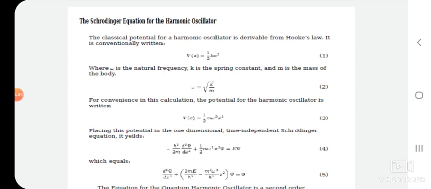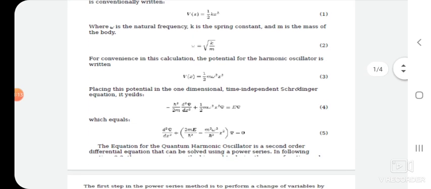We substitute the value of potential energy in that Schrodinger's time-independent wave equation and simplify. Then we get dou square psi by dou x square plus 2mE by h cross square minus m square omega square x square by h cross square psi is equal to 0.